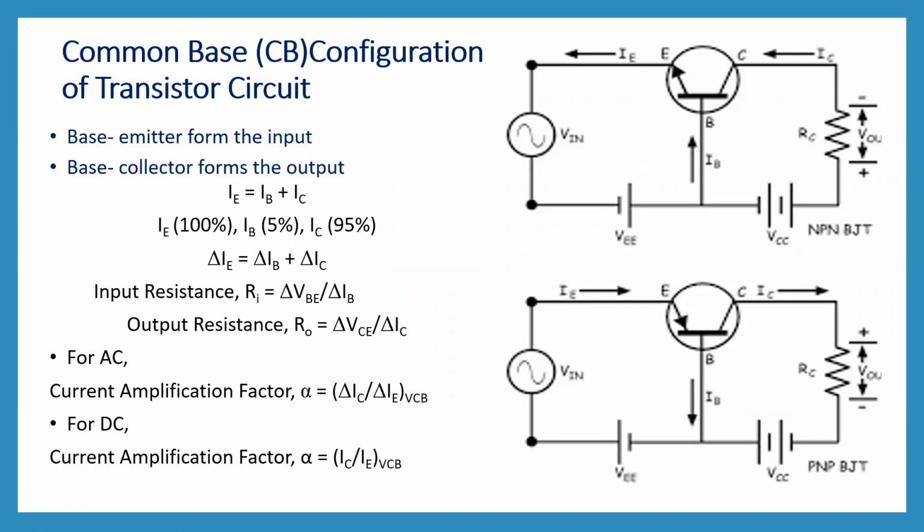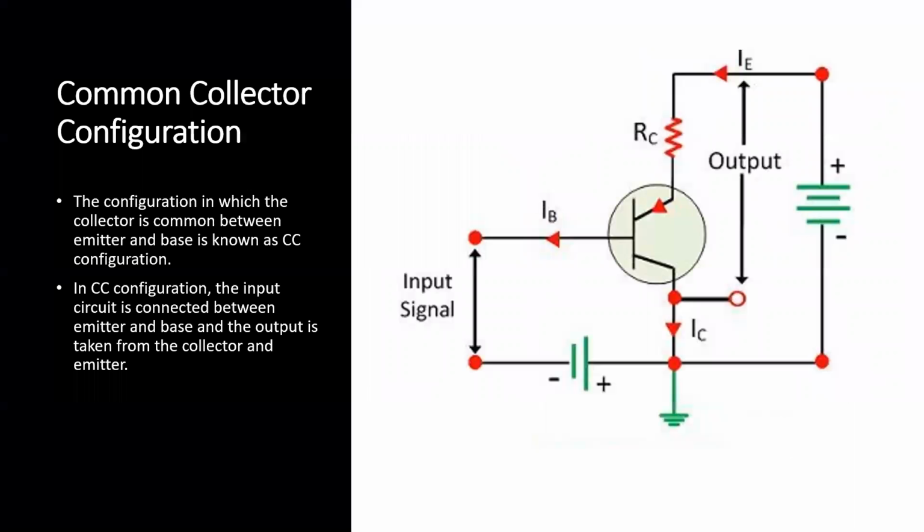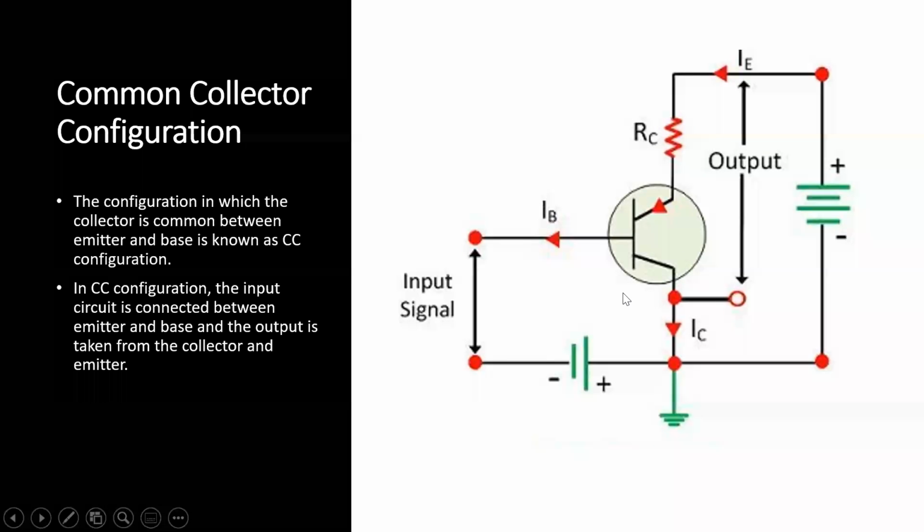Let us see how we can connect the transistor in common collector configuration, which is also called CC configuration. Now look at this figure. Tell me what kind of a transistor this is. Is it an NPN or a PNP transistor? You remember how to identify a transistor.